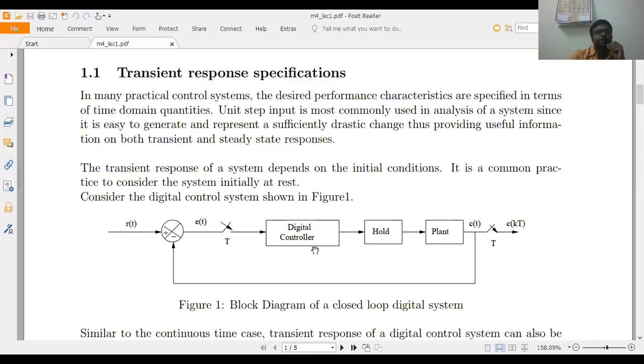So the digital controller has to be cascaded with a sampler. Let us suppose R of t is the input given for this closed loop system, and C of t is the output obtained from it.